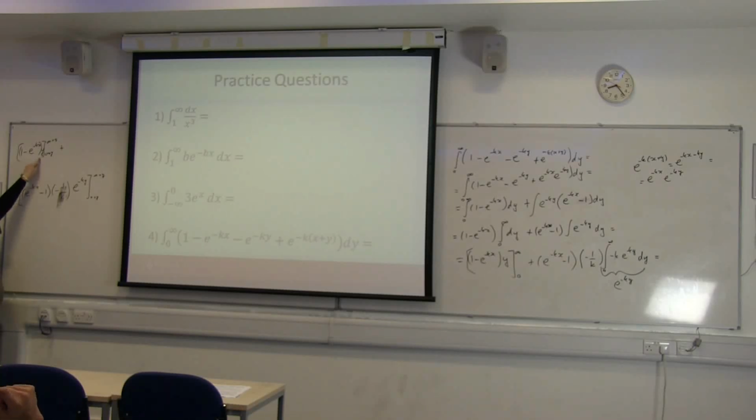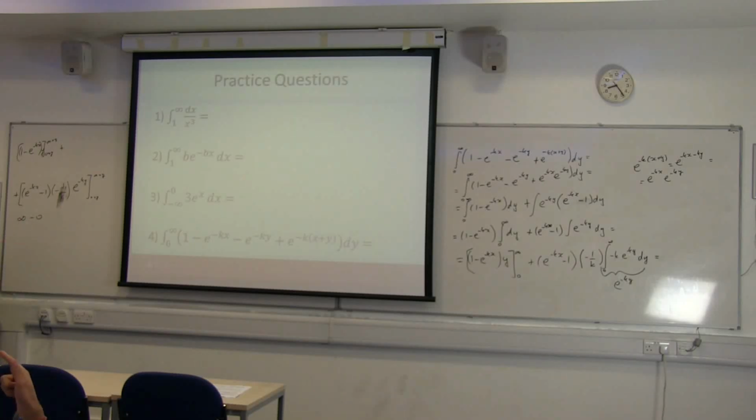It's y. Y gets bigger and bigger, gets to infinity, multiplied by a number. It's still infinity. So this term is infinity. Okay? When y is 0, then the whole thing is 0. So that part we don't need to worry about. So it's infinity minus 0. Okay, but that doesn't make any sense.